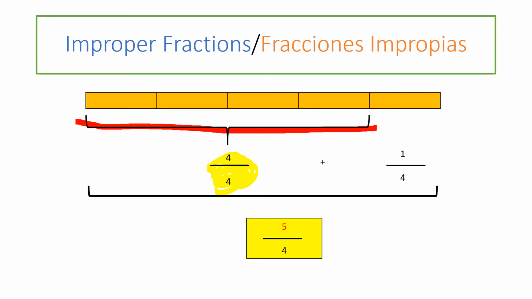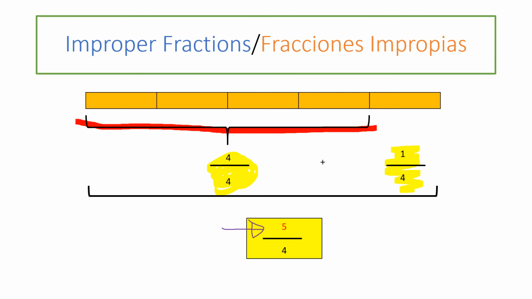4/4 is equal to what? 1 whole. Perfect. And look here, I have 1 more fourth. I have 1 more fourth here. Well, I can add those together. 4/4 plus 1/4 is, yes, you're right, it's 5/4, which is greater than 1.